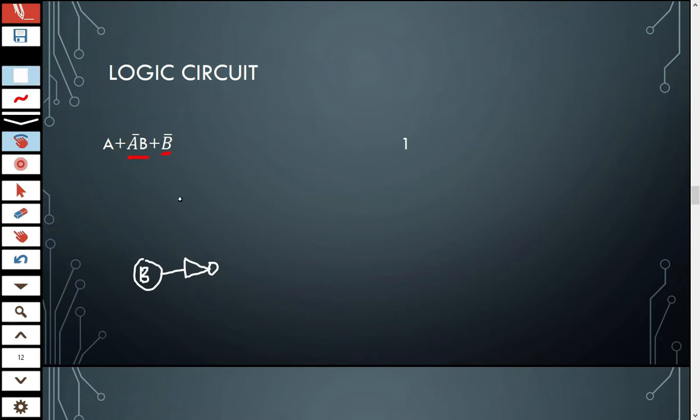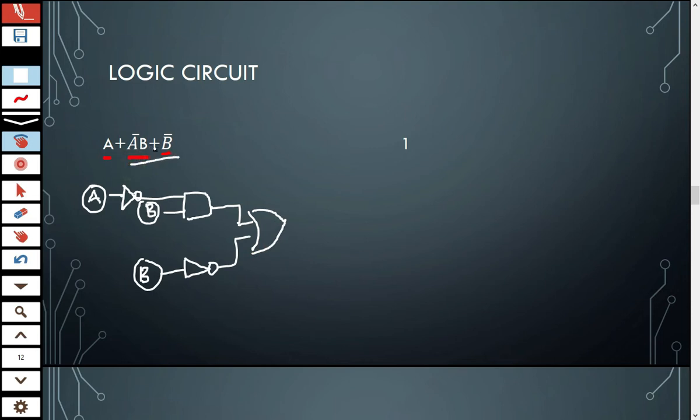So we have an AND, the other side is B, and then the other side is a negated A. And then the last part is the A. So this is the OR. We are now adding not A times B plus not B. And then we have to do another OR for our A.